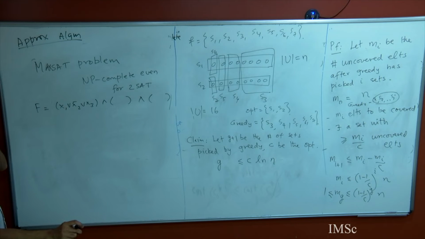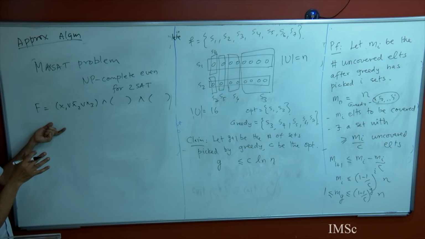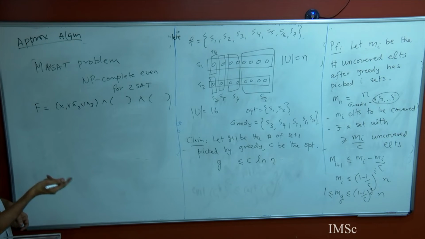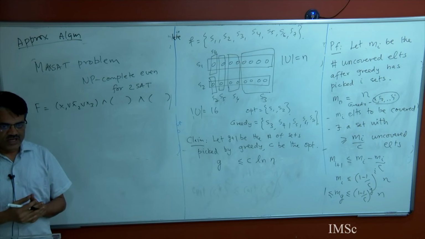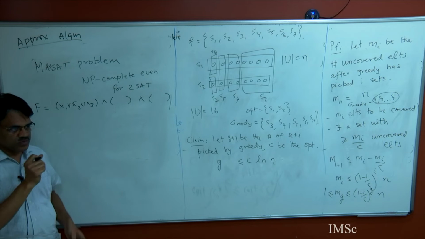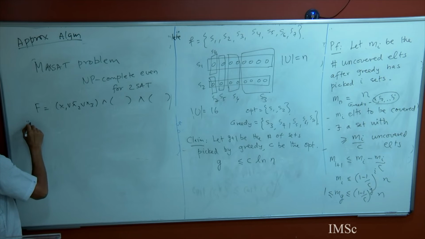Also, in contrast to whatever we saw, this is a maximization problem, because vertex cover, TSP, set cover are all minimization problems. So you have to look at the ratio slightly differently. You want to satisfy at least a good fraction of the possible number of satisfiable clauses. That would be a good approximation algorithm. So what happens if I just do a random assignment?